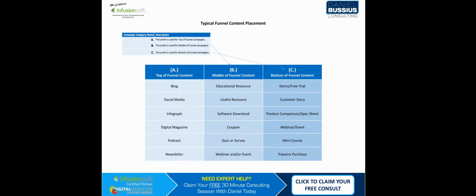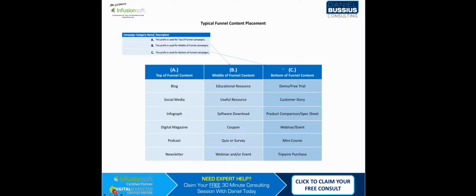You might have top of funnel, middle of funnel, and bottom of funnel campaigns. And as you know, I'm a Digital Marketer certified partner, so I've pulled this right from a Digital Marketer certified training that covers the type of content that usually falls under top of funnel, middle of funnel, and bottom of funnel.